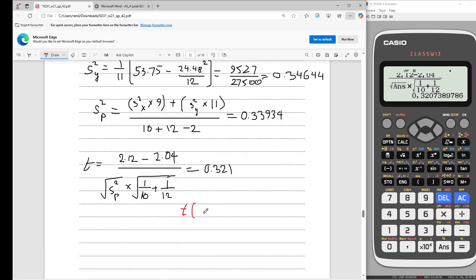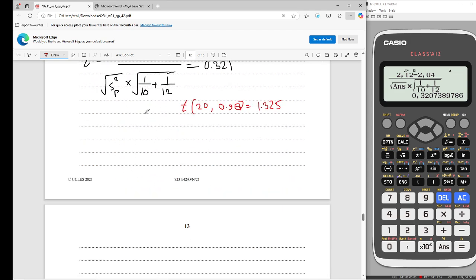So we're going to compare. Our degrees of freedom was 20, comma our p value, which is 0.90. This is equal to 1.325.